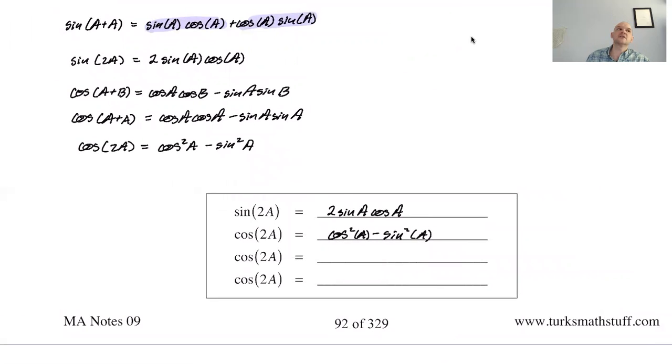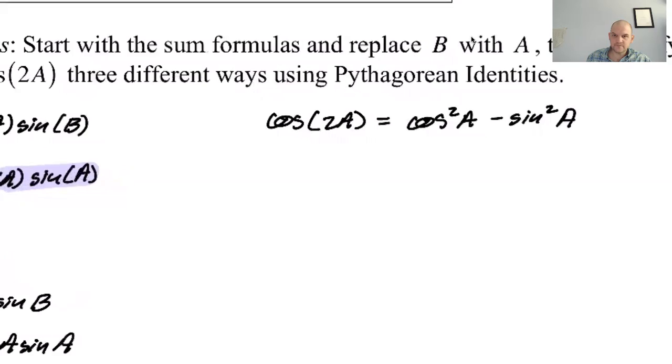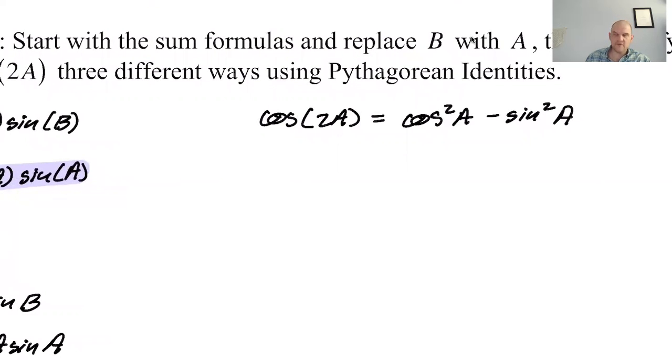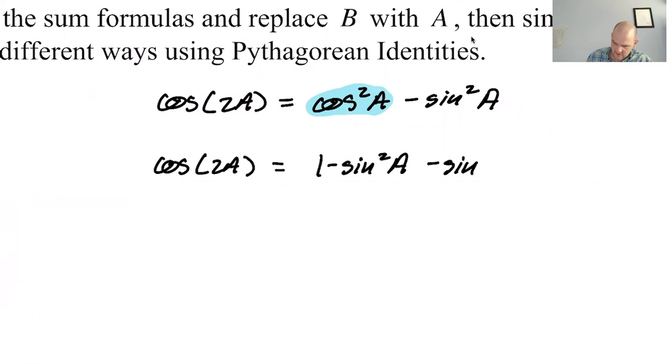All right, so what are we up to? 6, 7, I think. Because of the fact that, I'm going to duplicate this because I don't want to handwrite it again. Because we know from the Pythagorean identity that cosine squared is 1 minus sine squared, we can also say the cosine of 2a equals 1 minus sine squared, and then minus another sine squared.